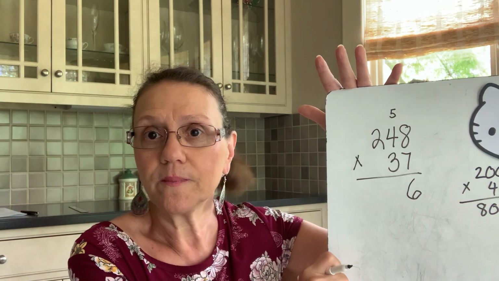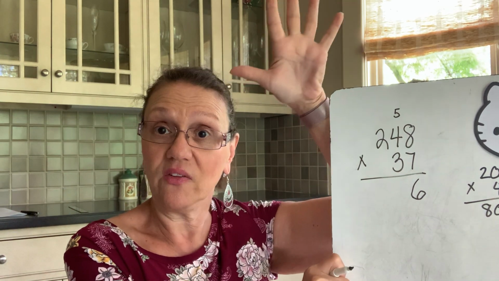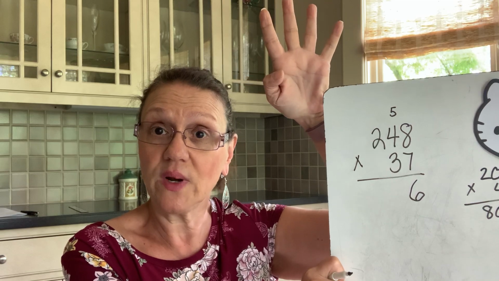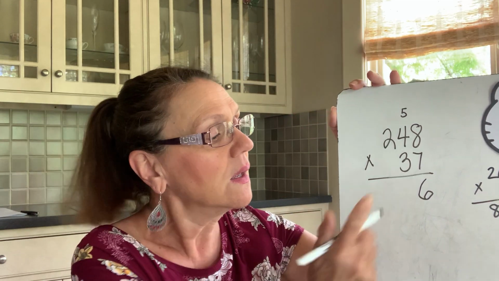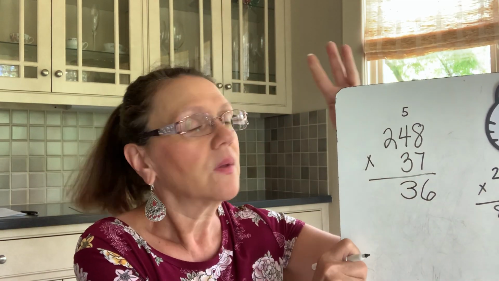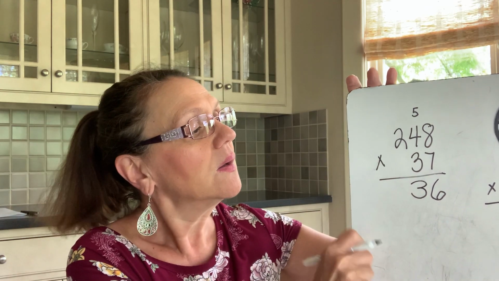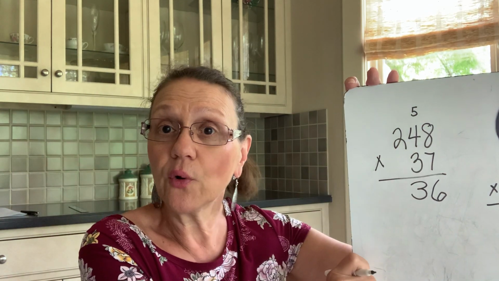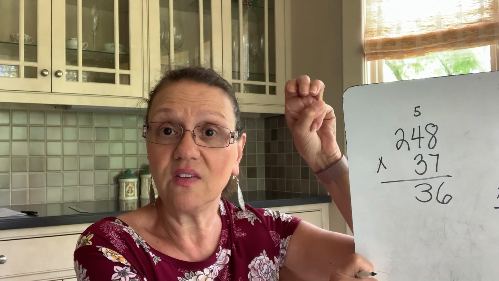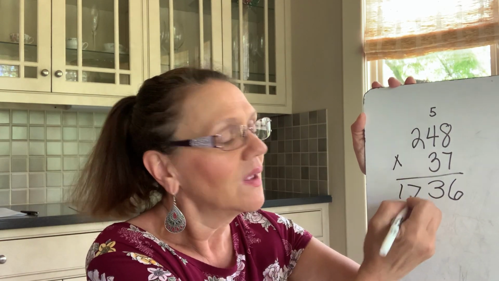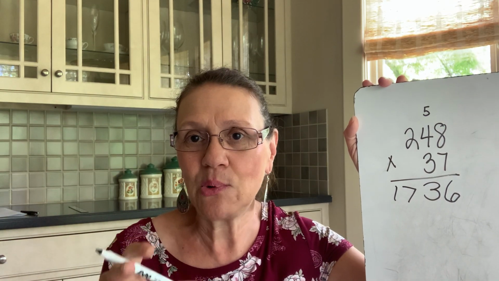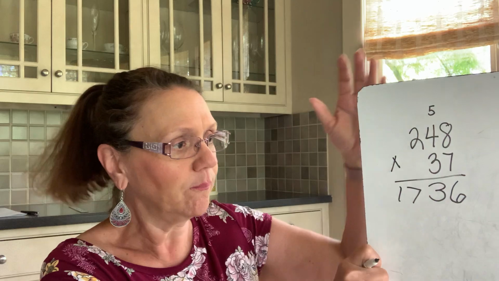So we go to the next one. 7 times 4, 28 plus 5, 28, 29, 30, 33. Carry your 3. 7 times 2, 14, 15, 16, 17. And you see, it also has the dual purpose of when you're holding up your fingers, you can use them to count on. Shh, I didn't say that. Okay.